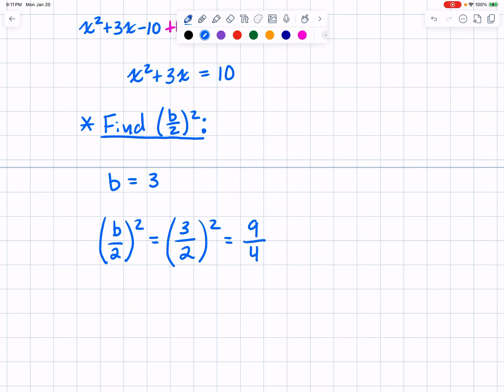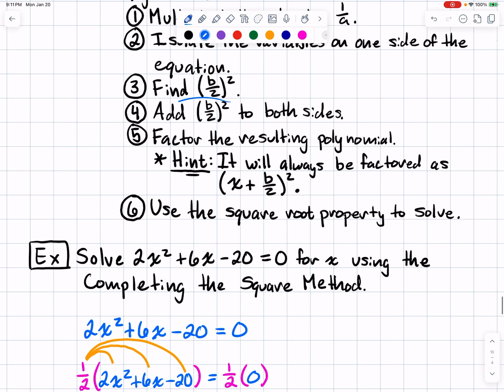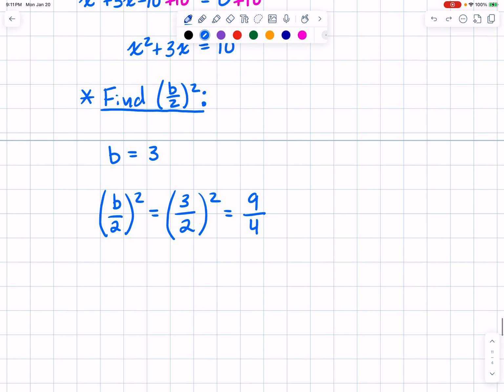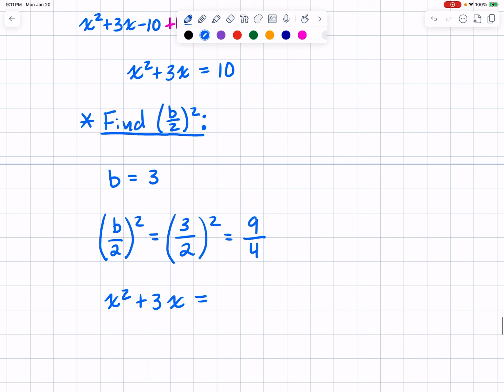So that 9 over 4 is going to be important because that is what we have to, if we look up at the next step, add to both sides. We need to add b over 2 squared to both sides, or add 9 over 4 to both sides. So if I bring my equation back down, our equation was x squared plus 3x equals 10.